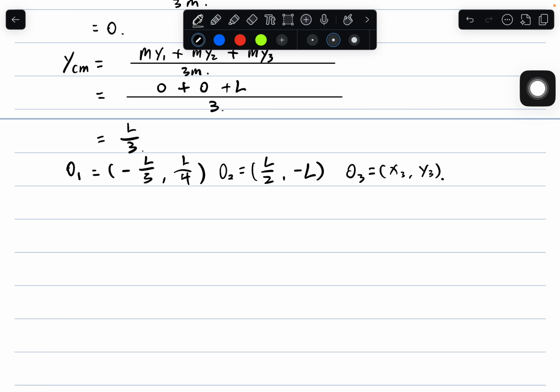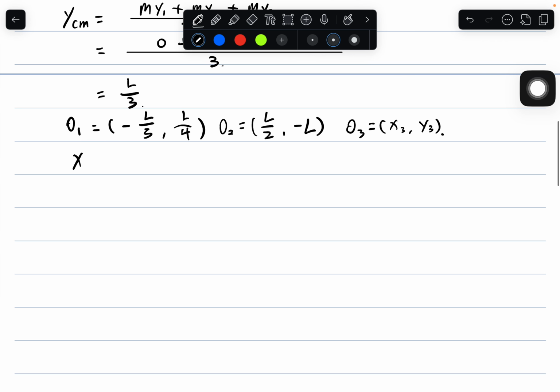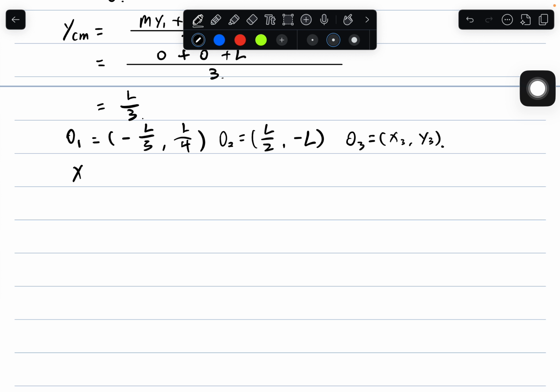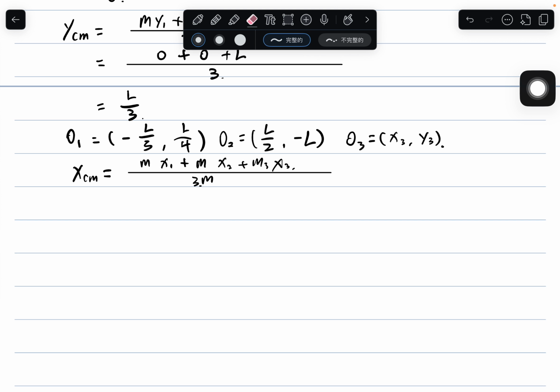Yes, okay. So we know the center of mass is 0, so let's do the x-coordinate first. The x center of mass equals m1 x1 plus m2 x2 plus m3 x3 divided by 3m. Oh, I forgot again, these are the same.